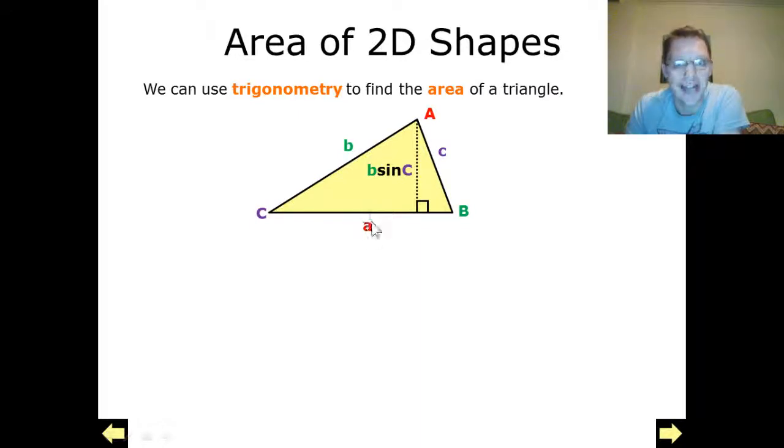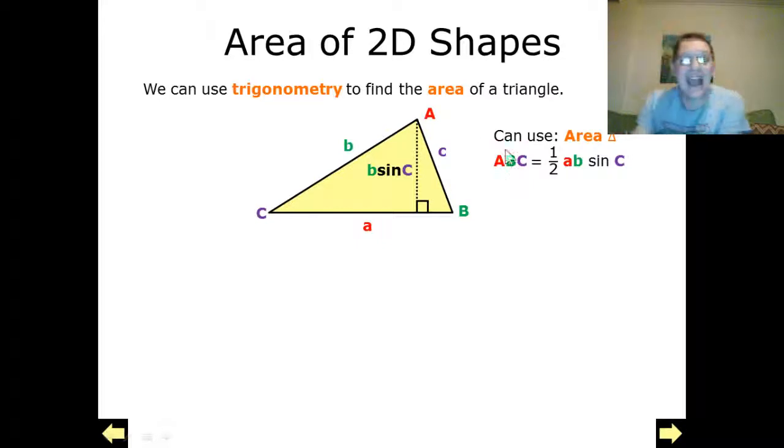So we've got side a, opposite angle capital A. Side c, opposite angle capital C. And the height is shown by b times sine C. And this is capital C, so this is going to be angle C just over here.